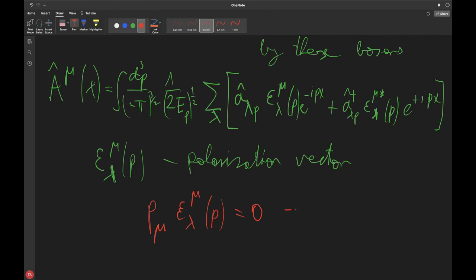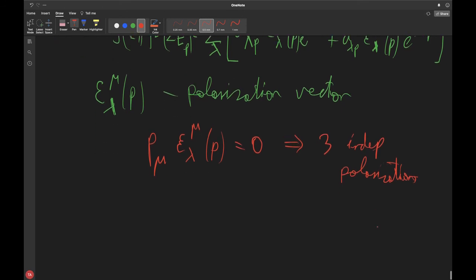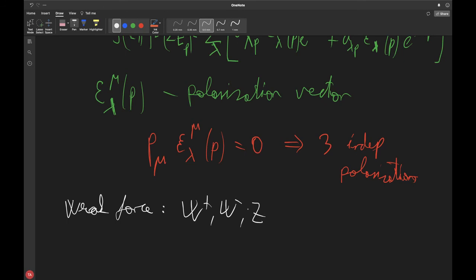That's the consequence of this, is that 3 independent polarizations. So that's why for the weak force, we have W plus, W minus, and Z particles.